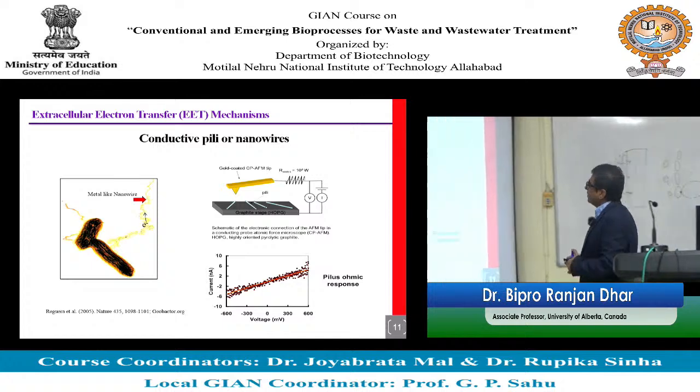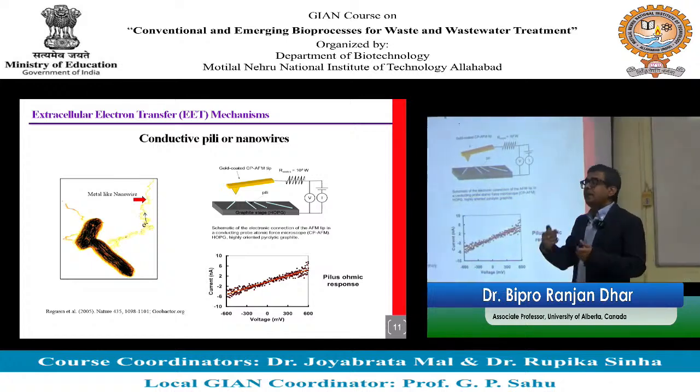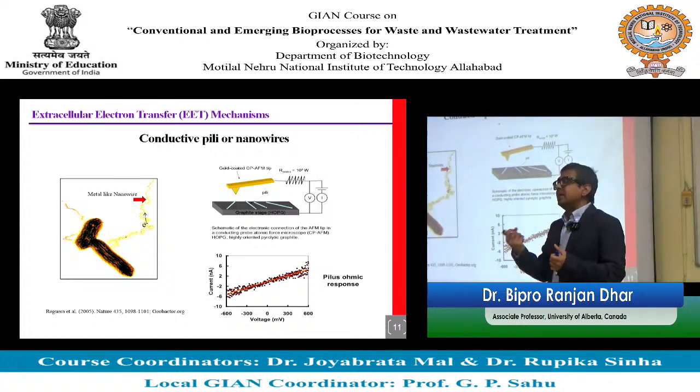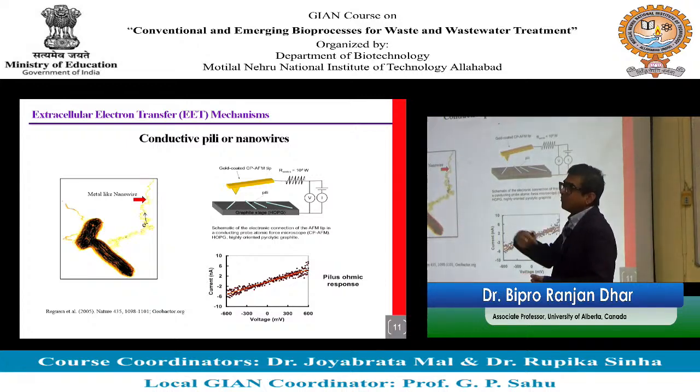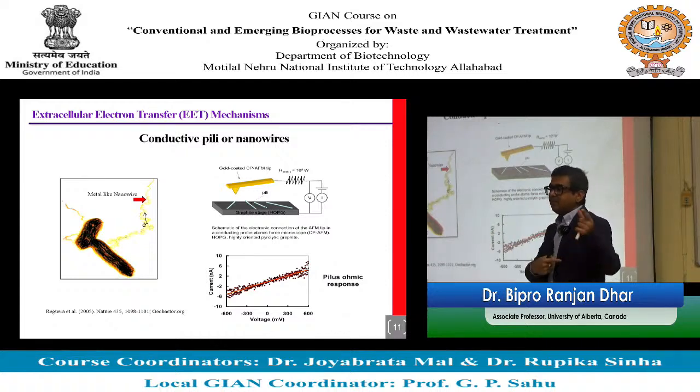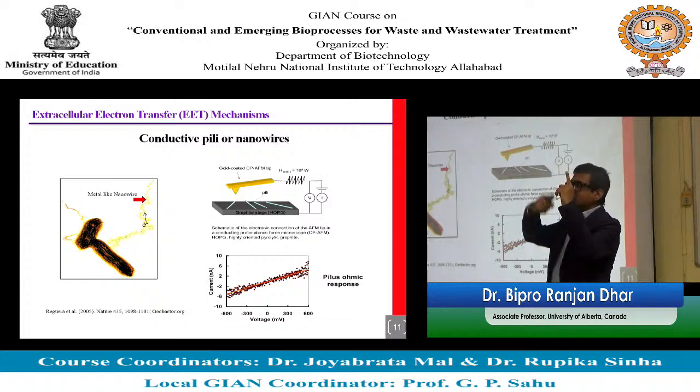Then what researchers did was extract those pili from the microbes, and they used atomic force microscopy and applied some voltage. You know Ohm's law: if you apply some voltage, there is going to be some resistance, and you should see current.